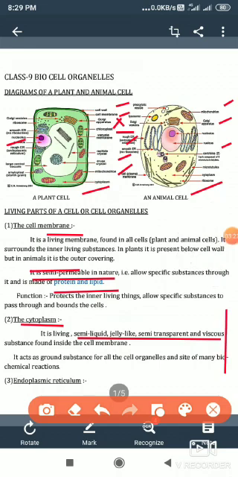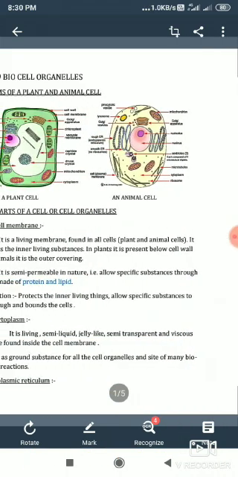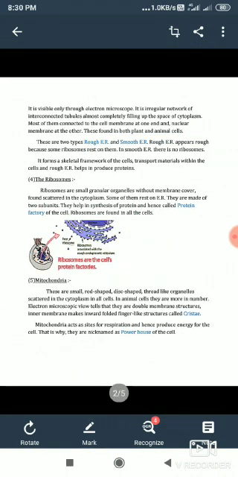Now, next part is the endoplasmic reticulum. Endoplasmic reticulum is visible only through an electron microscope.